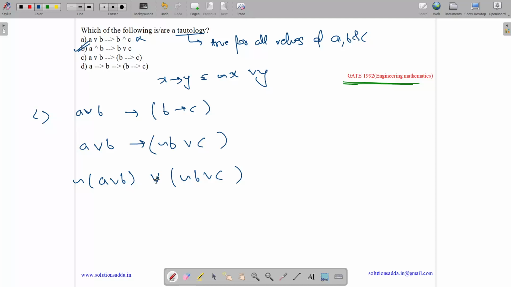If we need to make it false, we need to make both sides false.